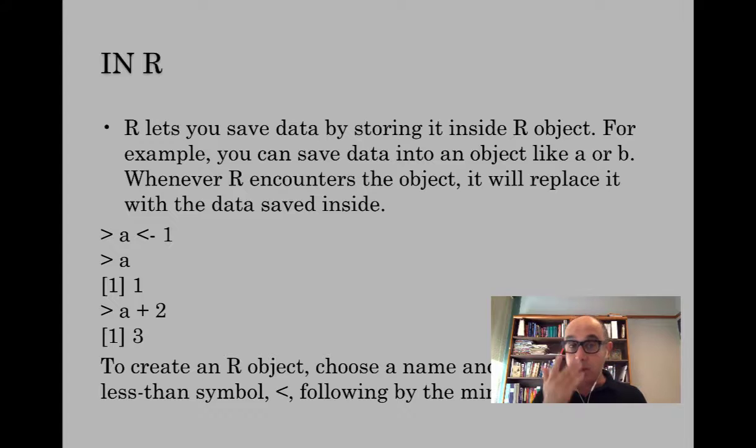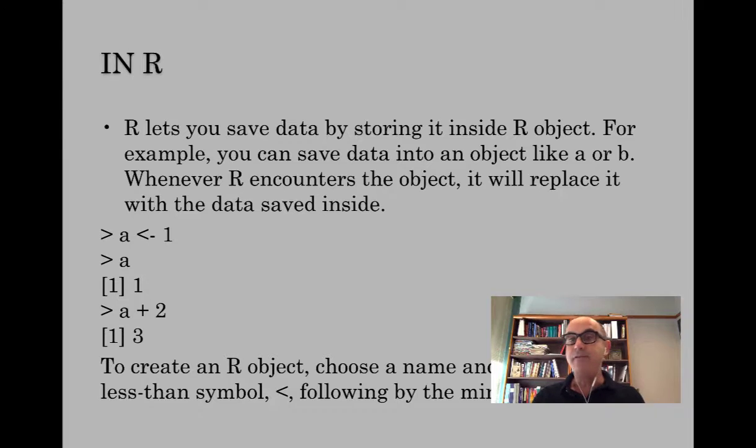So R lets you create or store data inside an object. For example, you can save data as an object like A or B. In this case, if we say A and we say, I want you to keep the number 1 as an object, it will do that.